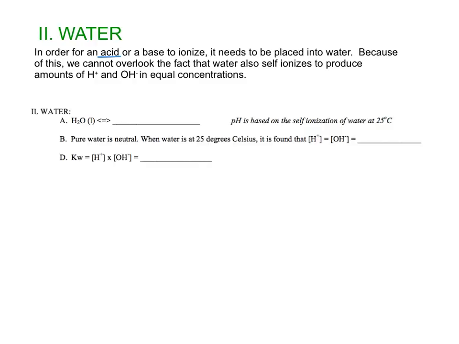So in order for an acid and base to ionize or dissociate, it has to be placed into water. Well, something that we need to remember about water is that water can also dissociate into hydrogen and hydroxide concentrations, but they will always be equal.